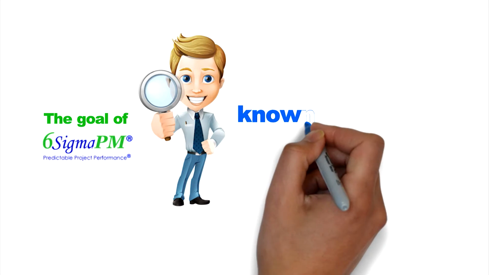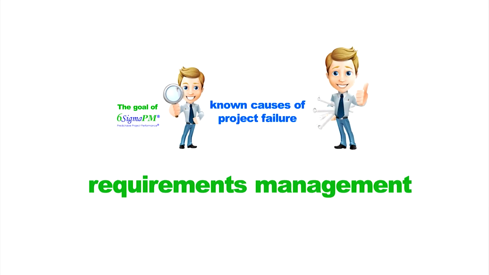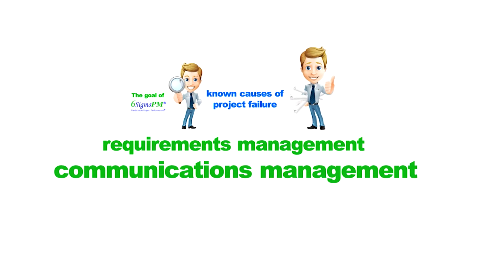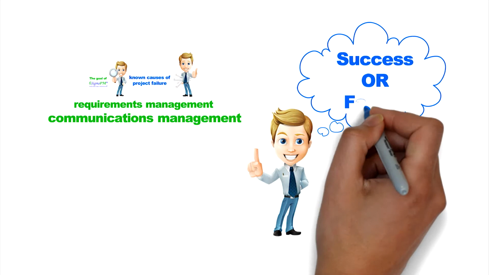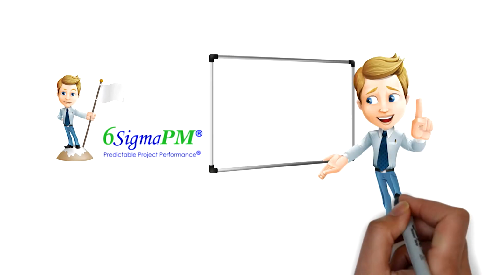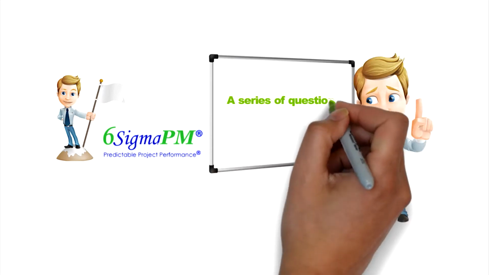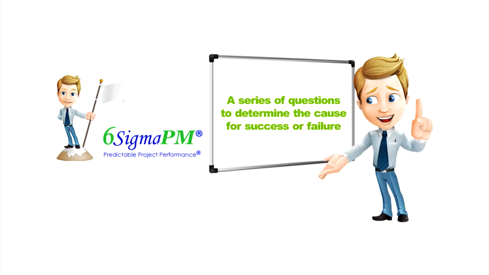The goal of 6 Sigma PM is to measure the known causes of project failure for a selected project, such as requirements management and communications management, then determine which of these failure modes are causing project success and which are causing project failure. To achieve this, 6 Sigma PM has identified a series of questions to determine whether each known cause of project failure is driving success or driving failure.